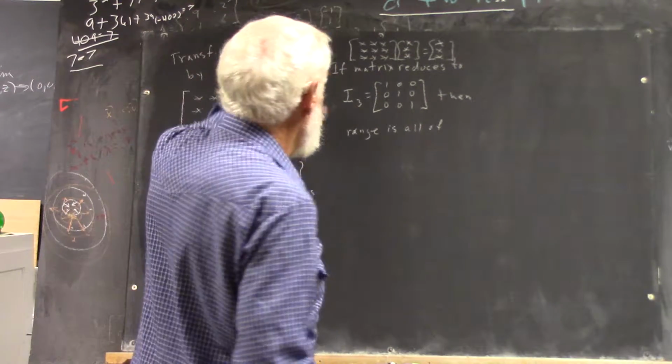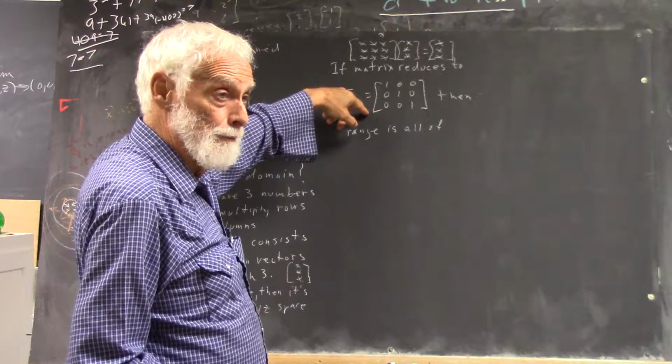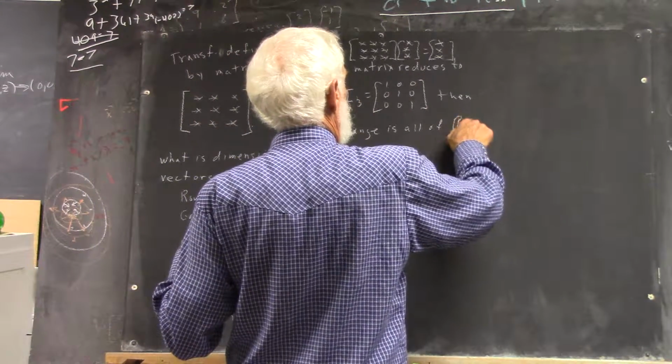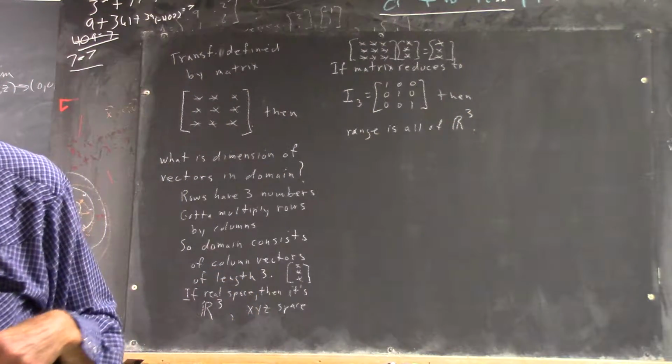Now I'm saying, and I'll probably ask you to try to prove this, if the matrix reduces to this, then the range is all of R3.